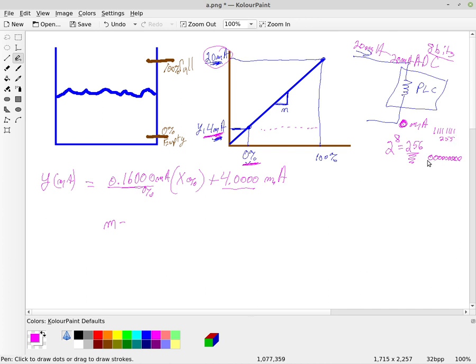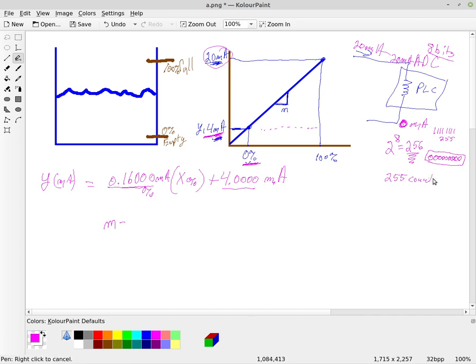All right, because one of these 256 unique possibilities is 0. So your range is actually from 0 to 255. So we actually have 255 counts.